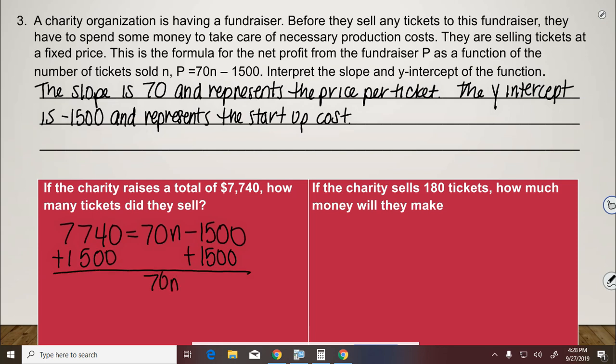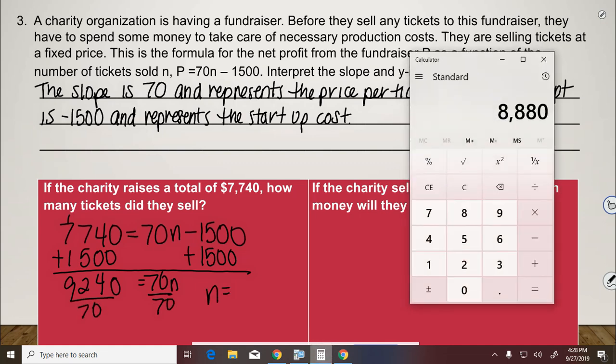So 70n equals 9,240. Divide by 70. So n equals, use your calculator, 9,240 divided by 70 is 132 tickets.